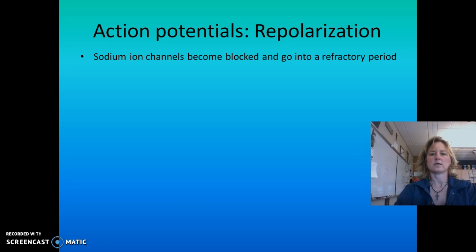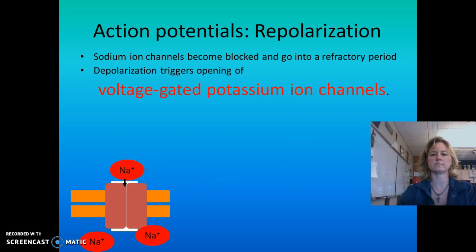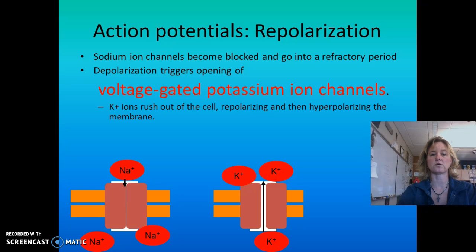Now we talk about something called repolarization. Repolarization is when the sodium channels become blocked because of that ball and chain, and the potassium gates are now going to open because of that change in potential of the membranes, where the outside becomes negative and the inside becomes positive. That allows potassium ions to move out of the cell, reversing that membrane potential.